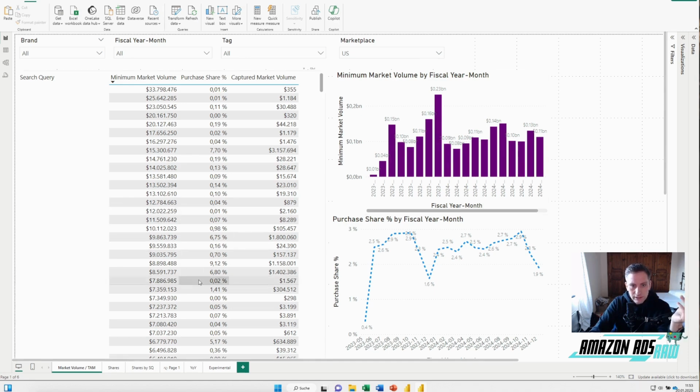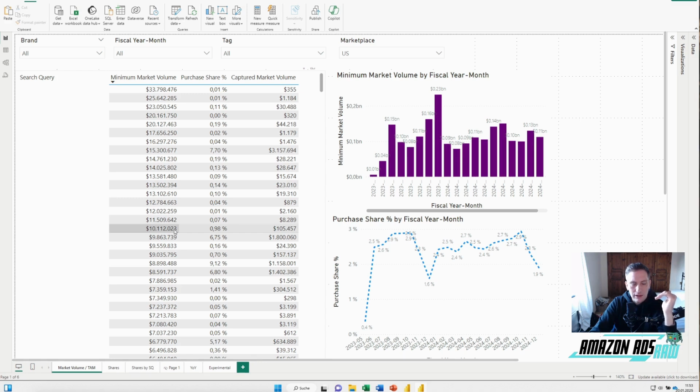And then you can see, this is my minimum market volume for this search query. I'm currently getting a purchase share of 0.1%. My captured market volume is that, and so on and so forth, right? And then you can understand: is that a market in which I want to be? Is that a market I can capture? Does it make sense to capture it? If this is a 10 million market and I'm trying to get 50% of it, that would be 5 million.